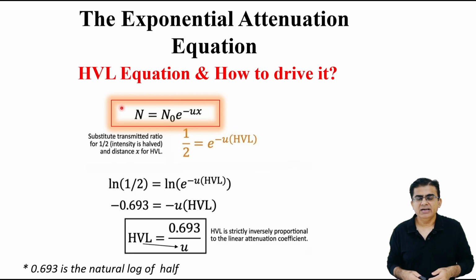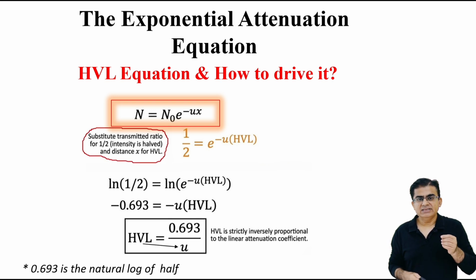We already perfectly know the strict definition of HVL. It is the exact physical thickness of a shielding block or attenuating block where the transmitted intensity becomes exactly half of the original intensity.